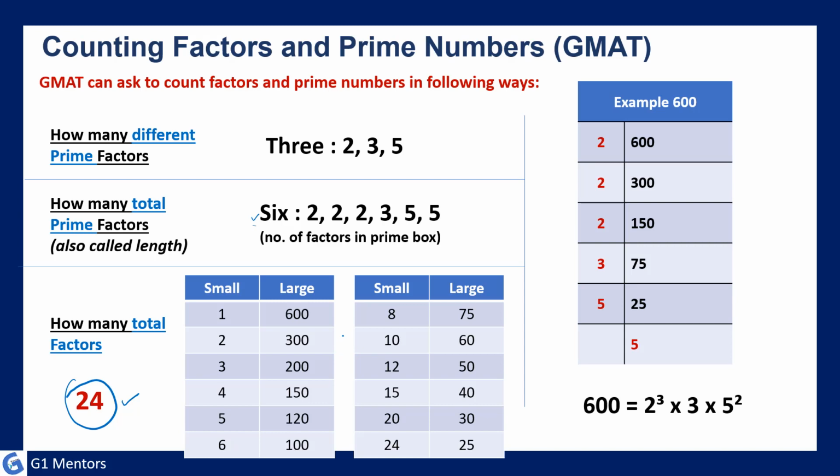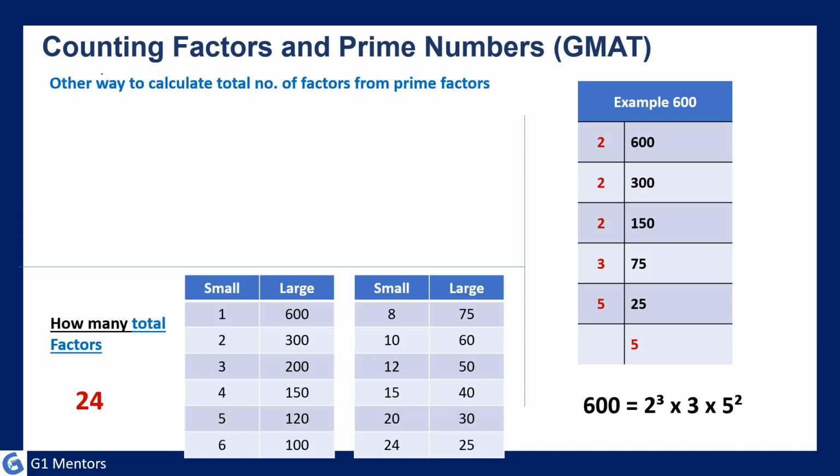So now let's see another method. For bigger numbers, the first step to find the factor pairs is to do the prime factorization of the number. For example, there is a number x whose prime factorization is x^a into y^b into z^c and so on, where x, y, z are the prime factors and a, b and c are the exponents of those prime factors.